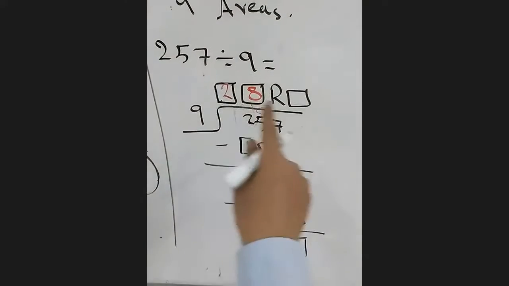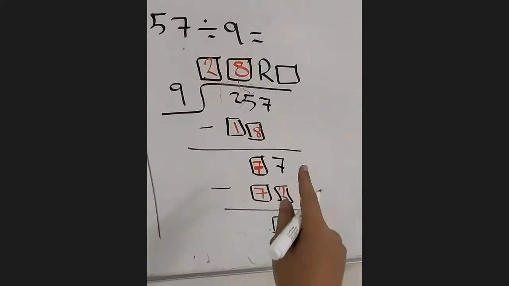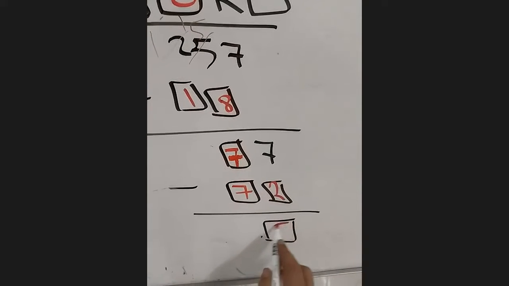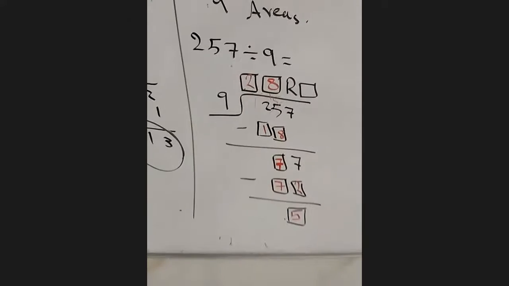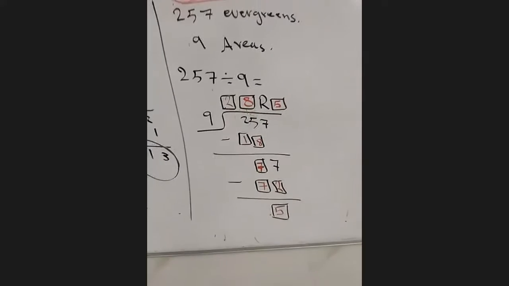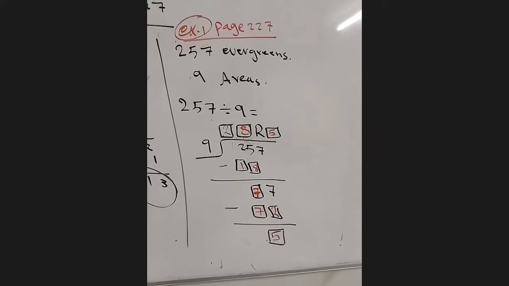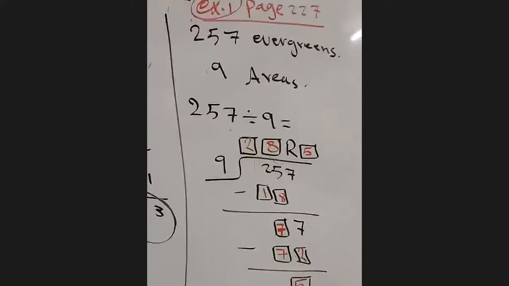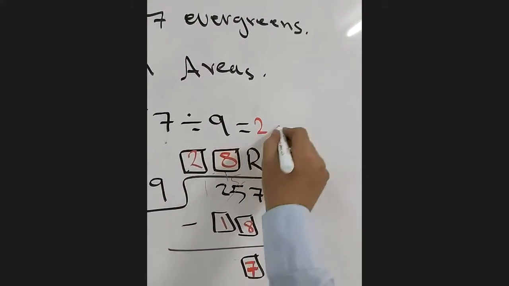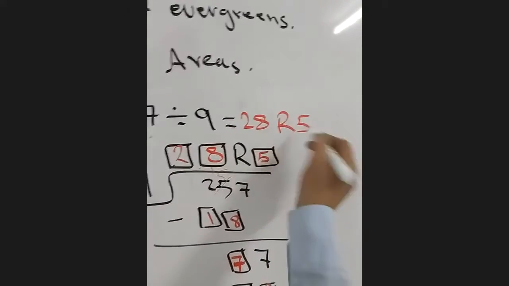Fill the squares, please. Now, what's the remainder here? Remainder 5. So the remainder up, we fill it with 5, right? We finished with the division. The answer is 28 with remainder 5, right?